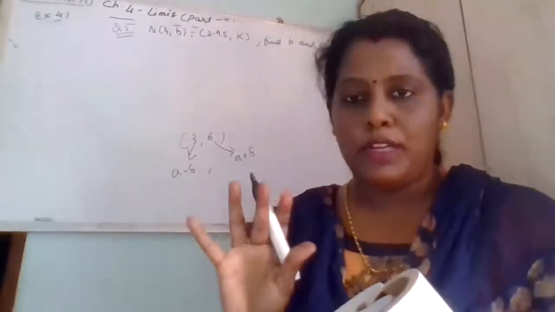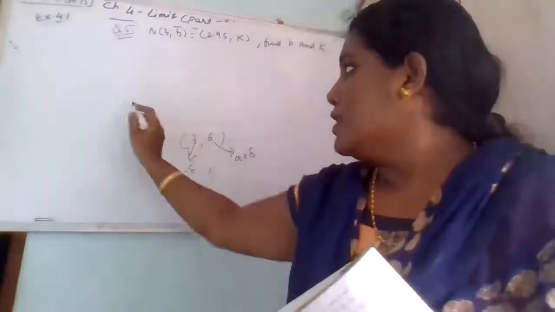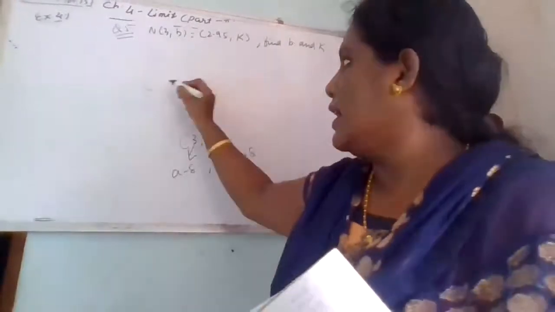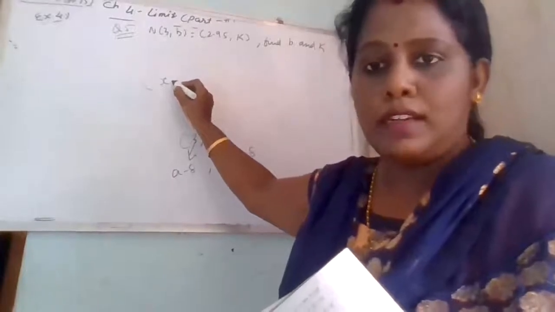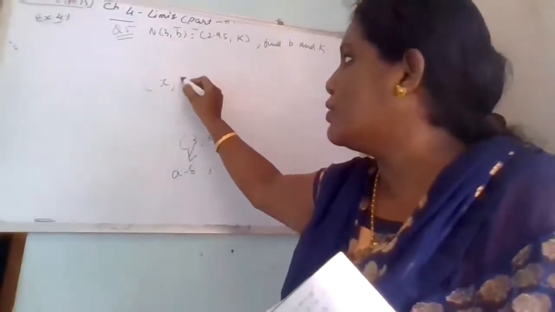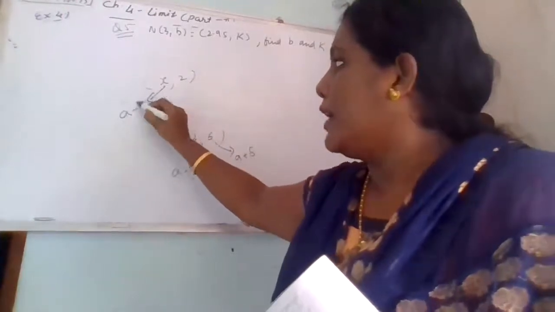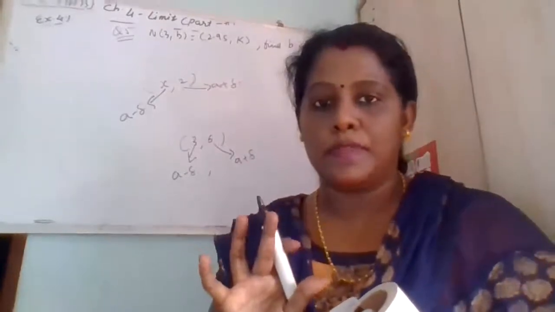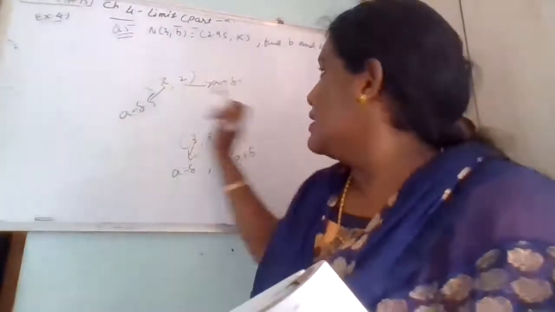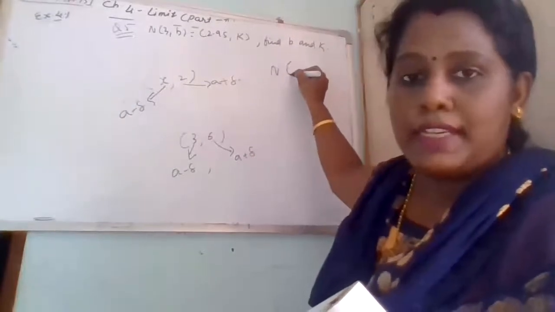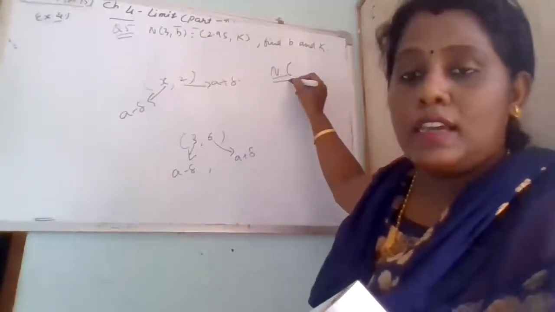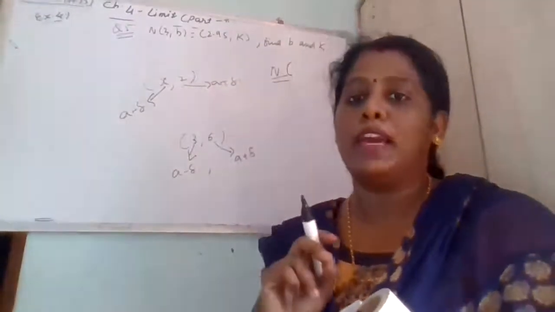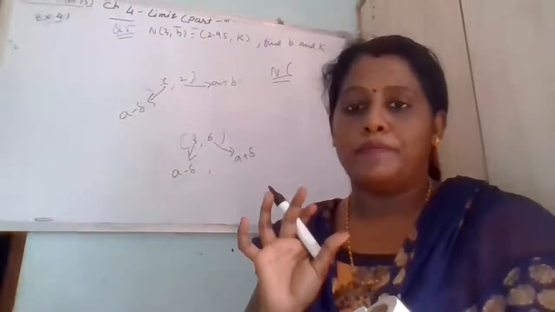If two numbers, or even alphabets like x and 2, are given in the bracket, this is your a minus delta and this is your a plus delta. So always consider it in this way only, right? And if N is given outside the bracket, then we will consider this as a neighborhood form. And if only two numbers are given in the bracket without anything else, then we have to consider that as an interval, right?